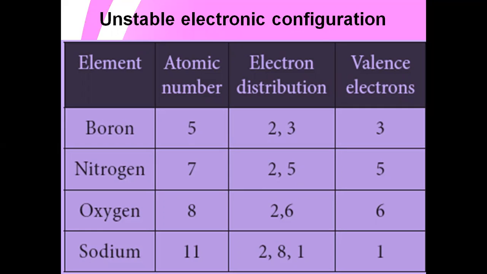Nitrogen, valence electrons 5. Oxygen, valence electrons 6. Sodium, valence electrons 1. Okay, these are the unstable electronic configurations of the elements. This is the Kossel-Lewis approach to chemical bonds.